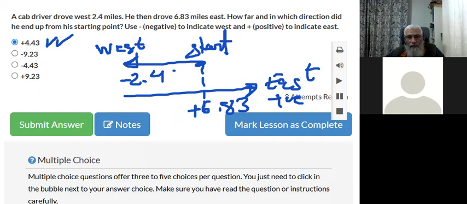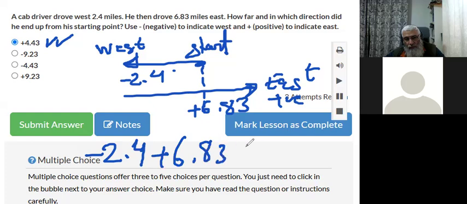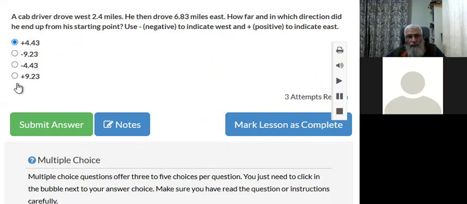Well, if he drove 2.4 miles west and then turned around and drove back 6.83 miles, it couldn't be 9 because 9 is adding, and it couldn't be negative because that's going the other way. So if it's going forward, it would be east, and it's 4.43. Correct. Excellent.